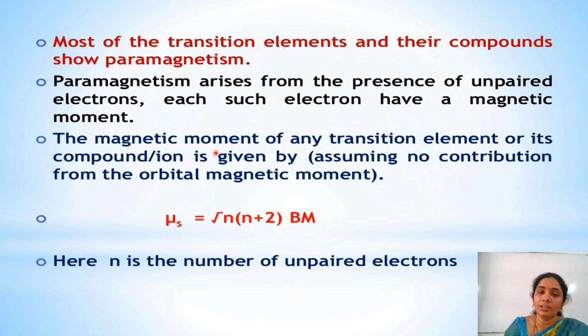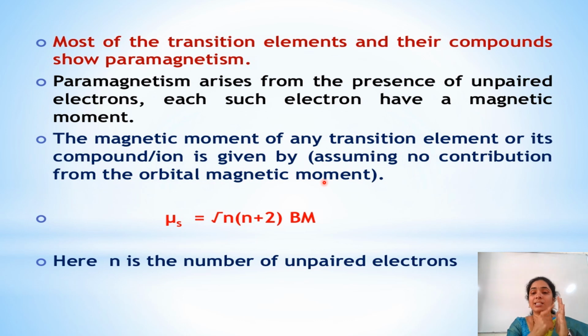The magnetic moment of any transition element or compound is given by assuming that there will be no contribution from the orbital magnetic moment. For example, if you take any atom with a nucleus at the center, the electrons will be rotating around the nucleus, and an electron which is revolving will have an orbital magnetic moment.